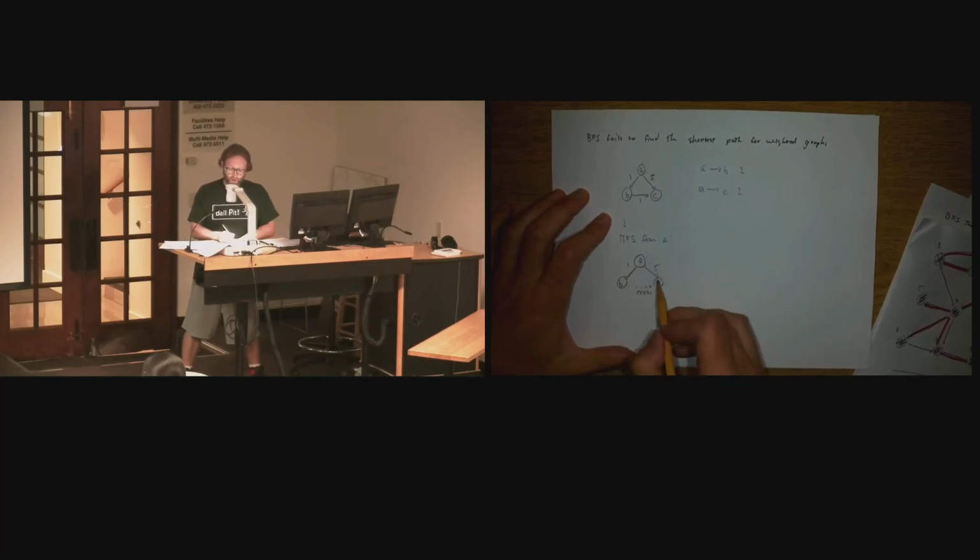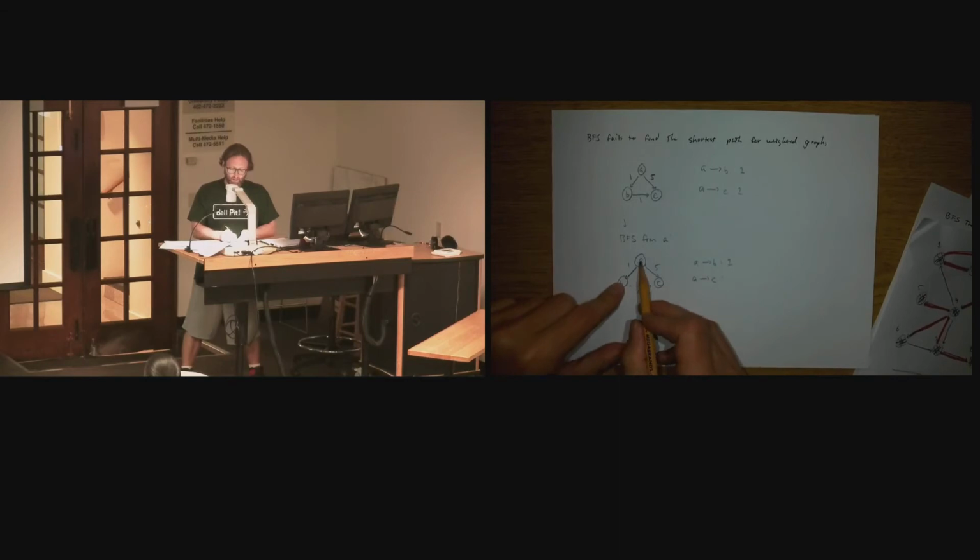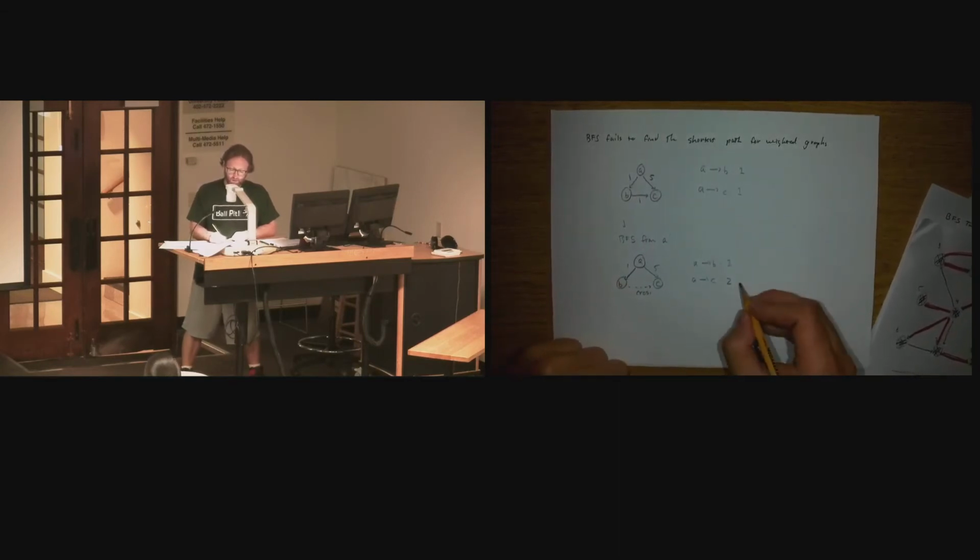Now, is that the shortest path from A to C? What are the shortest paths from A to B? Well, it's just 1. What about A to C? Well, if you went from A to B and then over to C, then it just costs you 2 versus 5. You're trying to minimize the distance there.